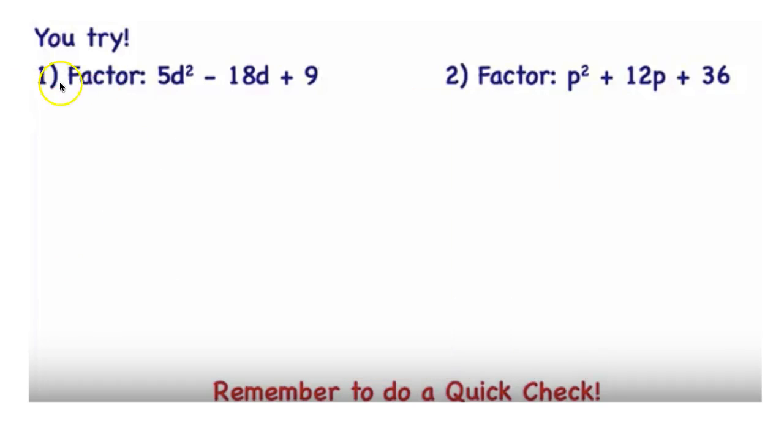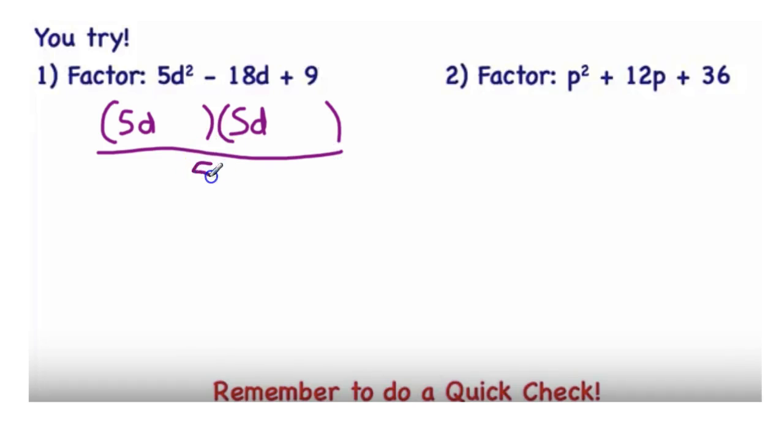Pause this video, give these a try, and then we'll come back and do them. So here we go. This one, the number in front of the d squared, that's a 5. So I'm going to write it out like this, 5d, 5d, and I'm going to factor out this extra 5, so I put the divided by 5 on the bottom. So now, what numbers? Well, 5 times 9, that's when you do A times C. That is 45.